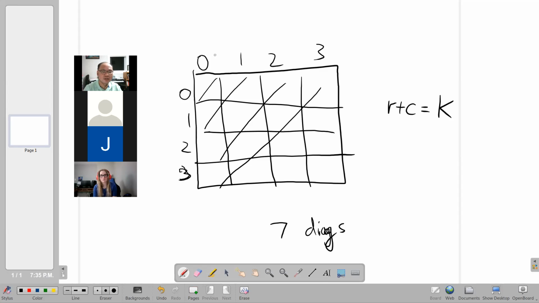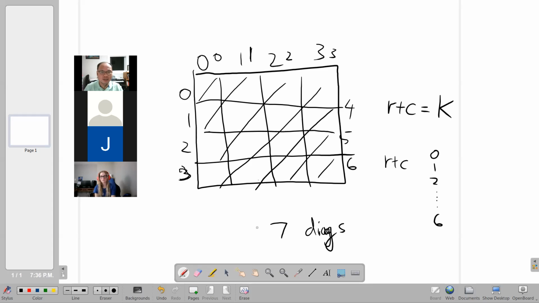So this diagonal, r plus c is 0. This diagonal, r plus c is 1, 2, 3. This diagonal, 1 plus 3, 2 plus 2, 3 plus 1 is 4, 5, and 6. So the diagonals, r plus c, go from 0, 1, 2, up to 6. And in the case of 8 by 8, it will be from 0 to 16.